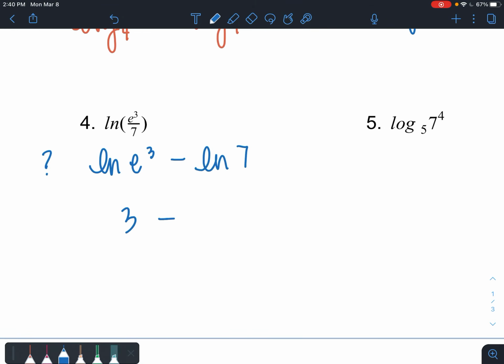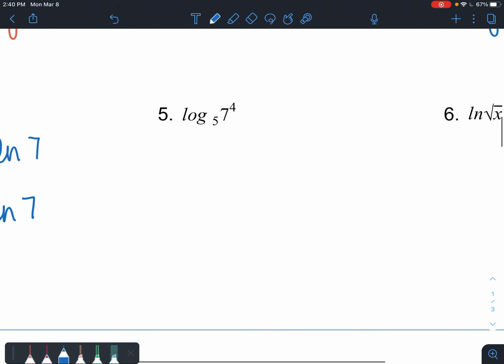So this becomes 3 minus ln of 7. Finally, I've got log base 5 of 7 to the 4th. This 4 is going to pop out front using the power rule. So I have 4 log base 5 of 7.